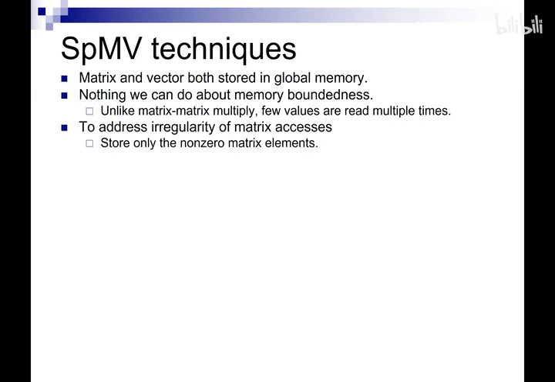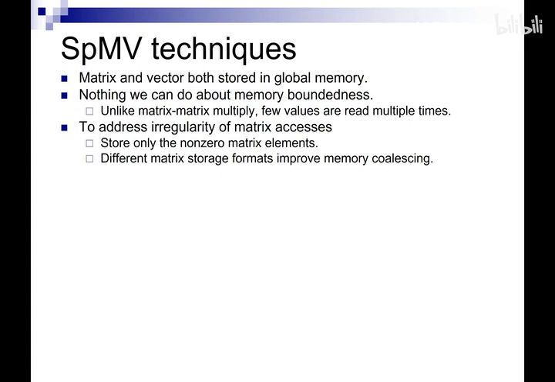Now, some of the other issues, though, we can try to deal with. One of them is the irregularity of the matrix axes. The matrix is sparse, and the non-zeros can be in random places. But because we're only storing the non-zero elements, depending on the storage format, we're going to talk about a number of different storage formats, and some of them can actually lead to very good memory coalescing when you access the matrix.